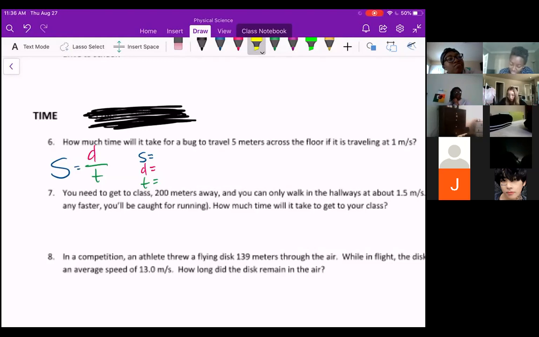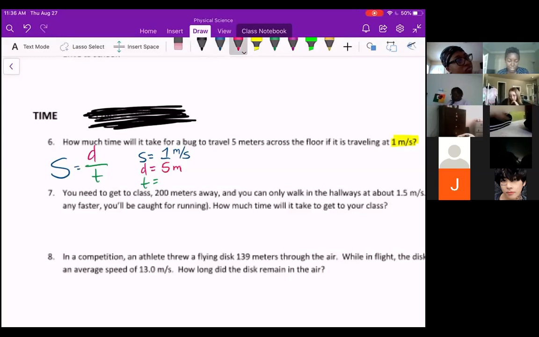One. Yes, exactly. And I know this is the speed because it says meters per second. That's a distance per time. All right, so Gloria said this is 1 meter per second. All right, and then what else can I fill in? Anybody can tell me. Distance is 5 meters. Very nice. All right, 5 meters.